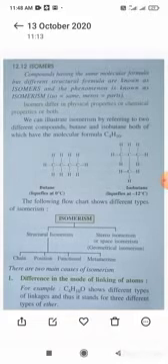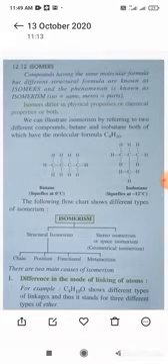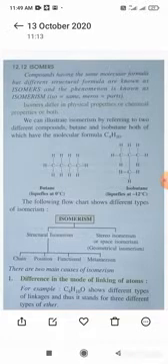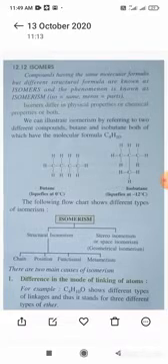Word root means the number of carbon atoms in the main chain, the parent chain. And then primary suffix: ane, ene, yne. Then secondary suffix: for carboxylic acid, oic acid; for alcohol, ol; and so on.